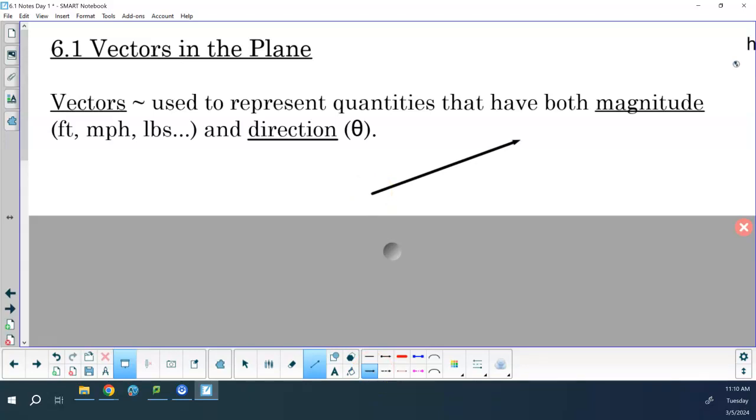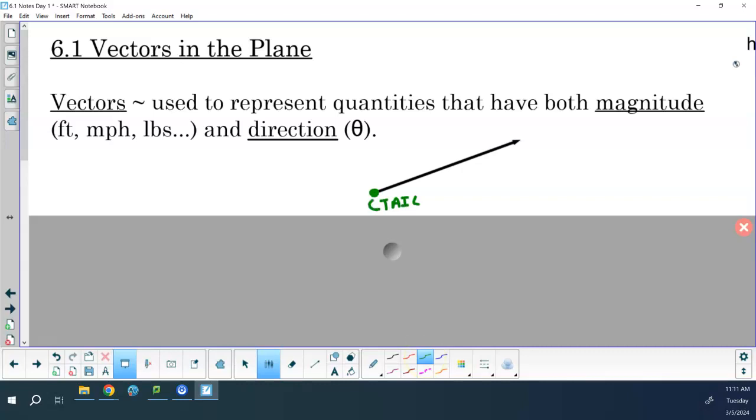When you draw it on your paper, when you have to draw vectors, which we'll have to do here in a few minutes, you're going to draw it as a ray, which means that it has a tail.